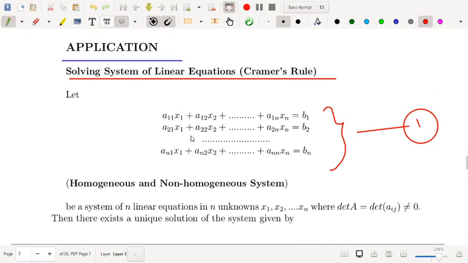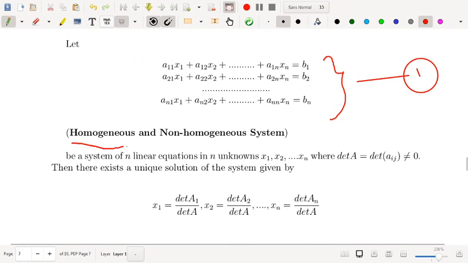Actually, your system of linear equations can be classified into two types, homogeneous and non-homogeneous. Look at that, on your right-hand side you have numbers b1, b2, bn. If not all of the b1, b2, bn are 0, maybe some of them are 0, no problem, then this is called a non-homogeneous system.